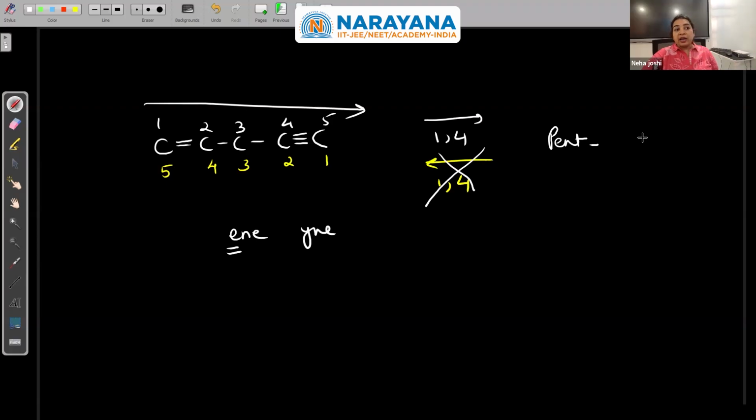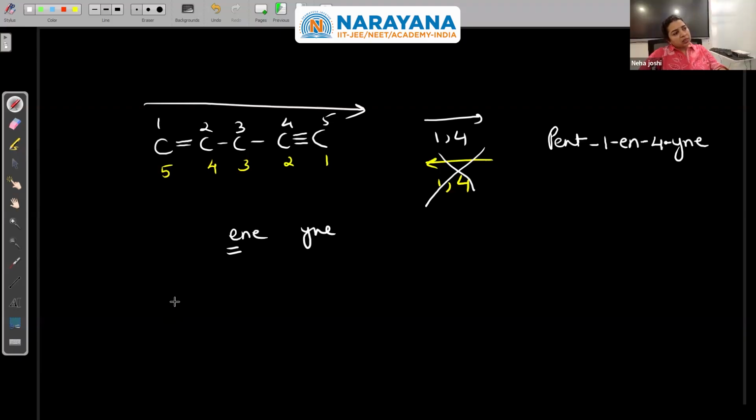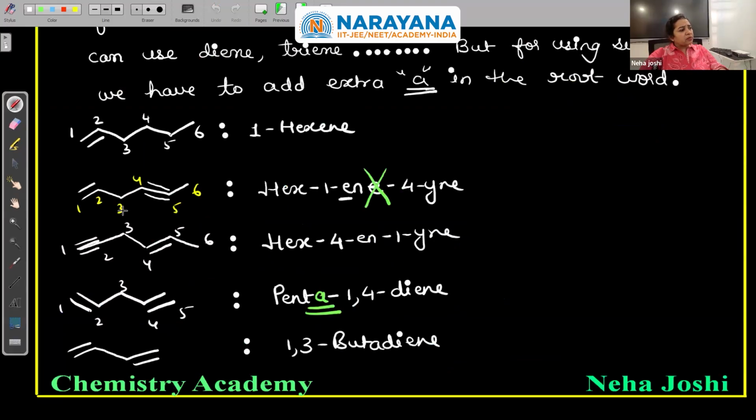So I will name it: pent is my root word, 1-en, and I will shed that last e. Do you remember the vowel thing I just told you? 4-yne. Is that okay, Mahil? So is there no exception for naming? No, there is nothing. See, Mahil, can you see these examples?